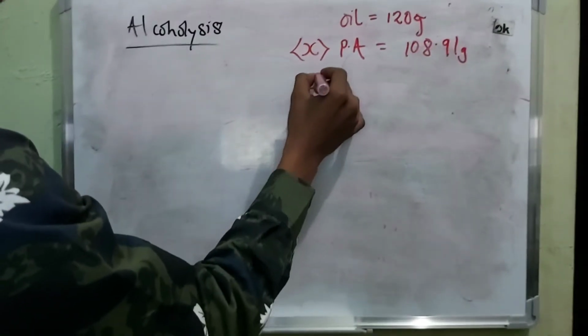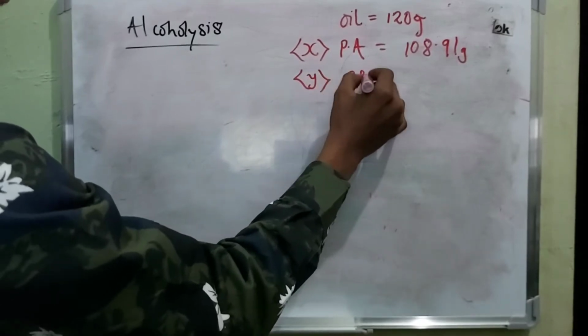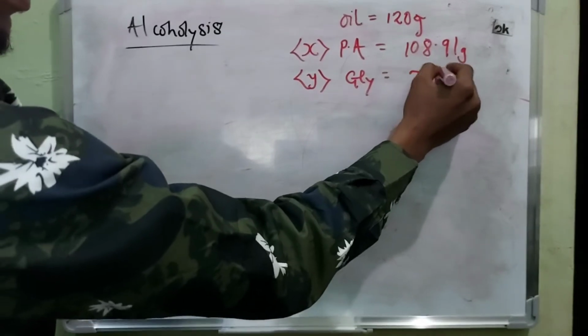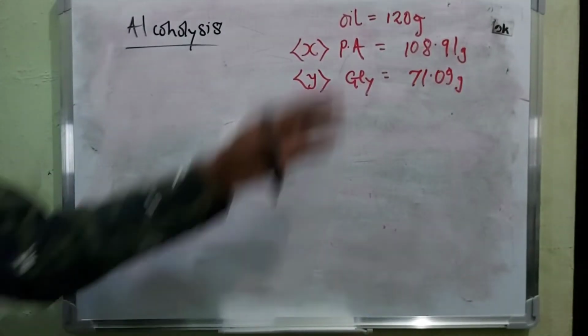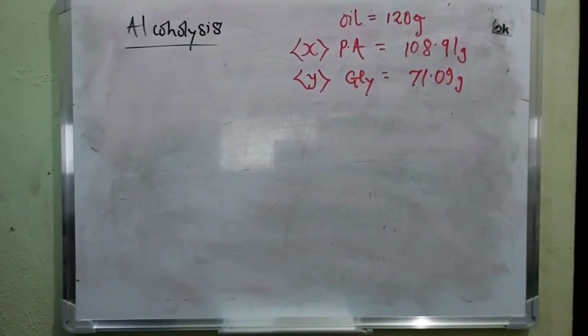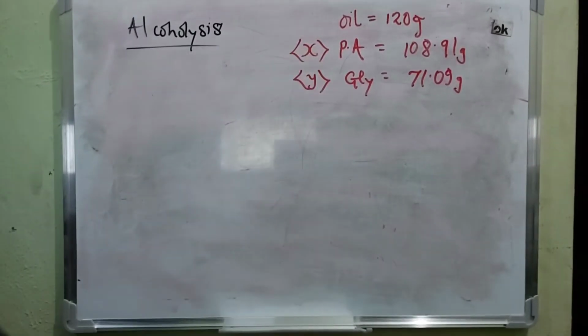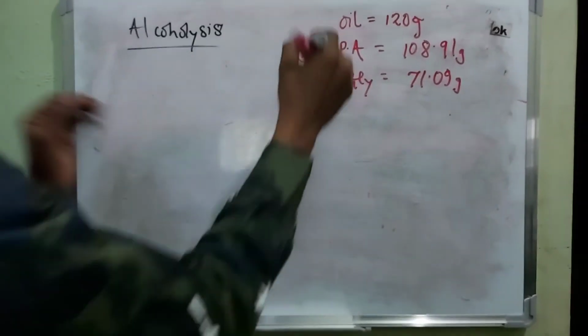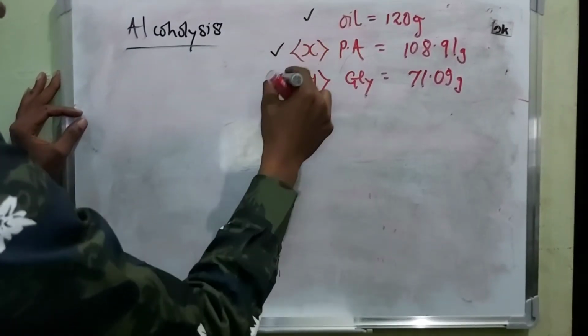And we need our glycerol, which we calculated to be 71.09 gram. So this is just for the 40% alkyd resin length. Bear in mind the same process we carried out to get these values are the same steps we are going to use for the 50% alkyd resin length and the 60%. So these are the reagents we'll be needing.